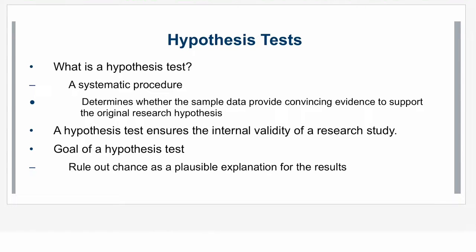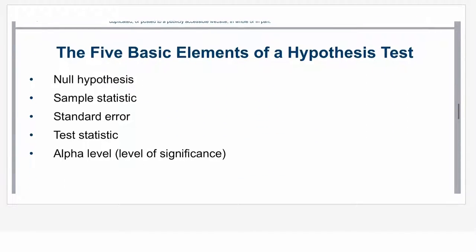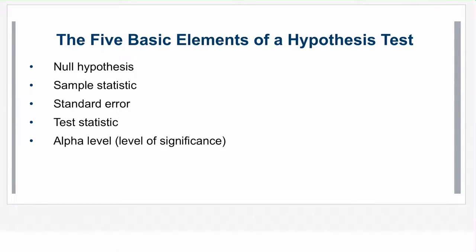Being due to sampling error or chance is another explanation. If your hypothesis test shows that it's not due to chance and that there is a real effect, then that ensures the internal validity of your study, because there are no other alternative explanations, including chance. So the goal of the hypothesis test is to rule out chance as a plausible explanation for the results. There are 5 basic elements for the hypothesis test.